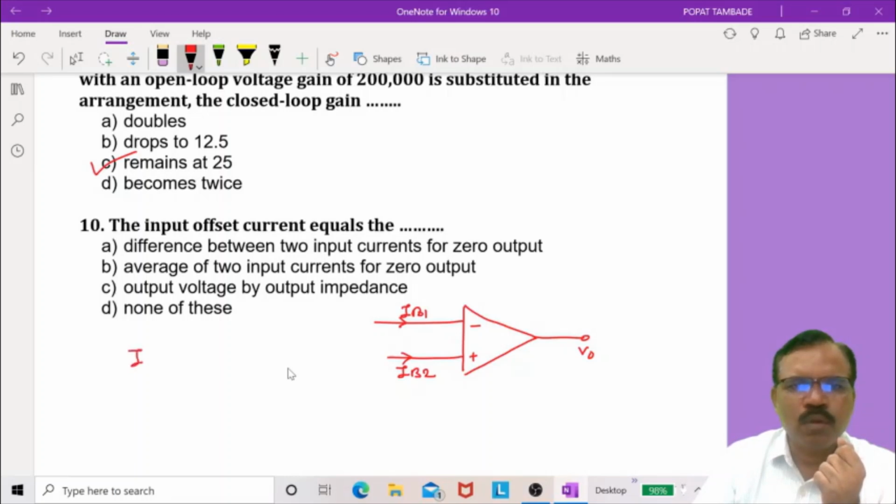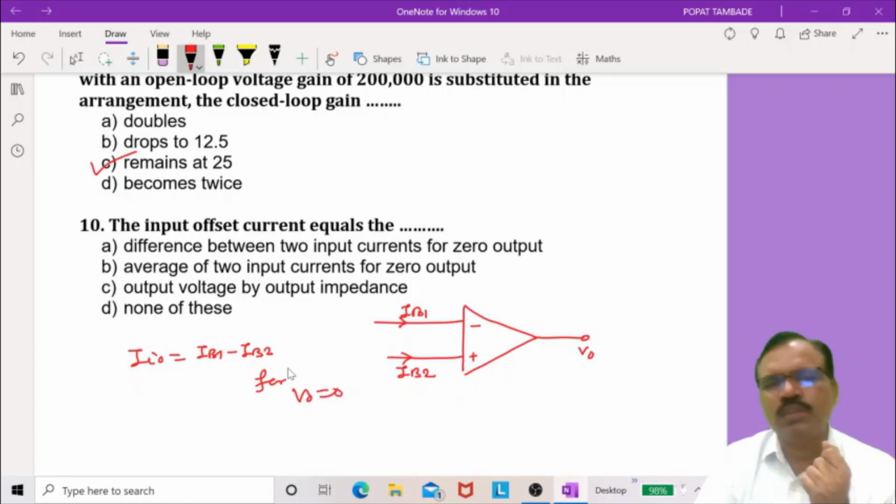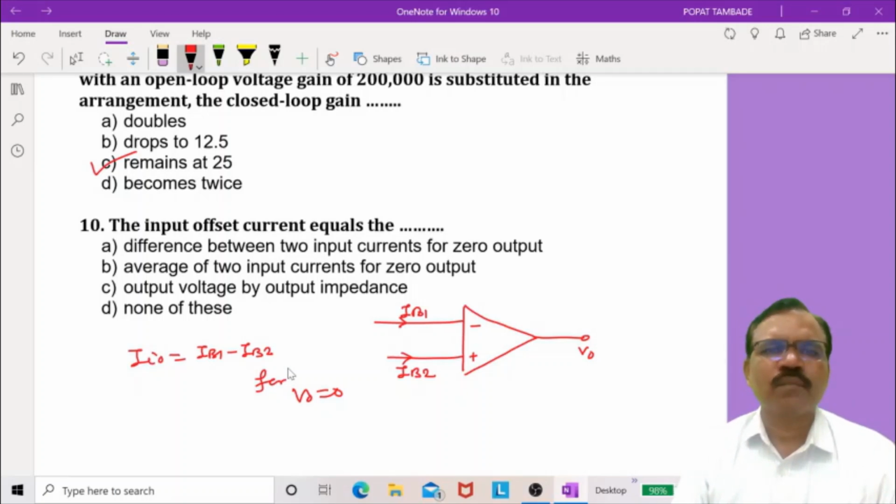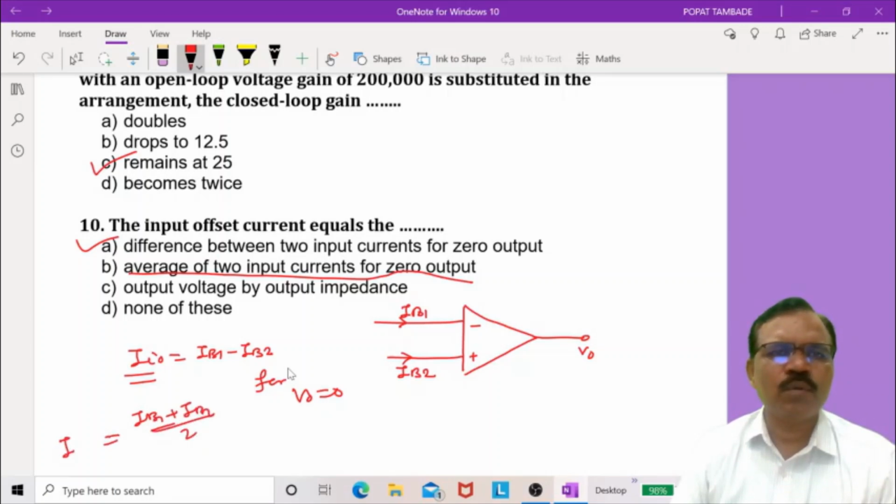Then input offset current is equal to IB1 minus IB2, for which V0 is equal to 0. It means the difference in input currents for zero output. That is called input offset current. So here the first one is correct. The average of the two input currents for zero output, that is (IB1 plus IB2) by 2, is called input bias current.